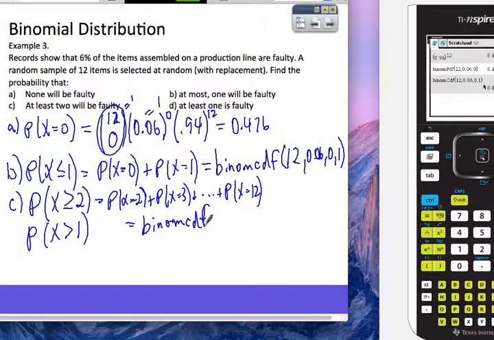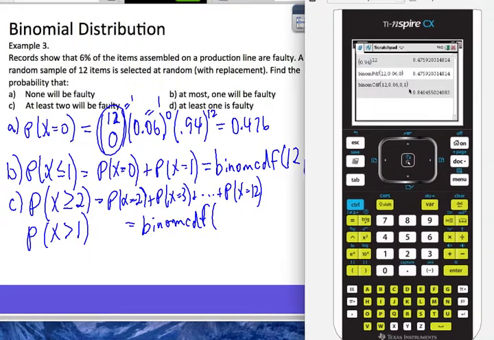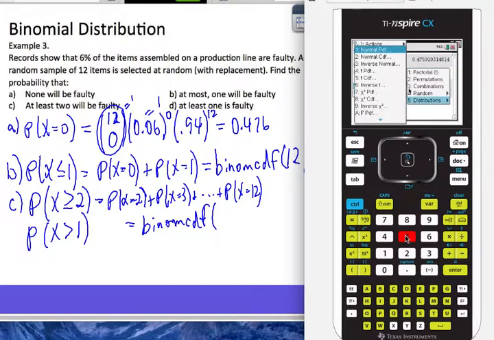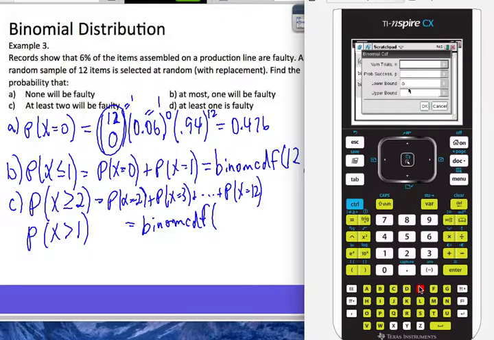It's accumulation of probabilities. And again, if you go to your calculator, we'll go menu, option 5. It's letter E this time. Okay, the number of trials is 12. The probability of success on each trial is 0.06. The lower bound this time is 2. We want to start adding at 2, and we want to stop adding at 12, up to 12.